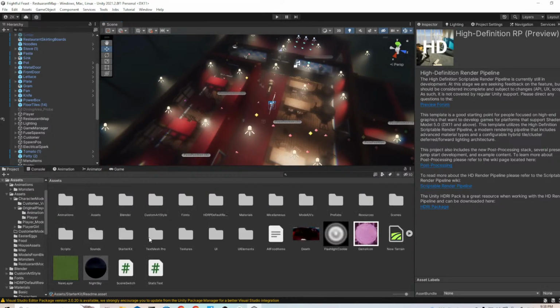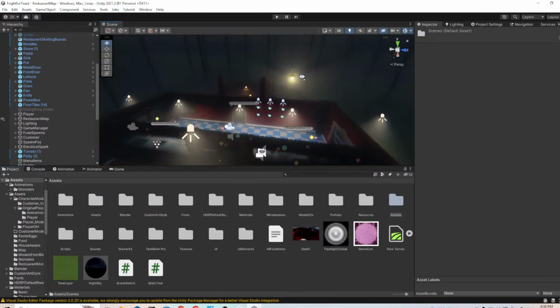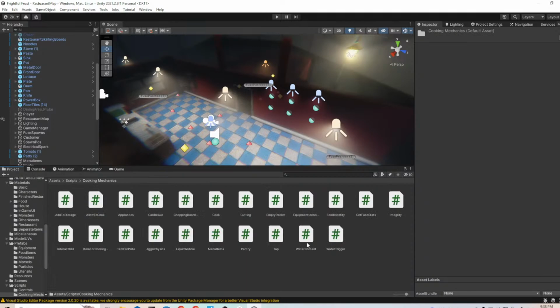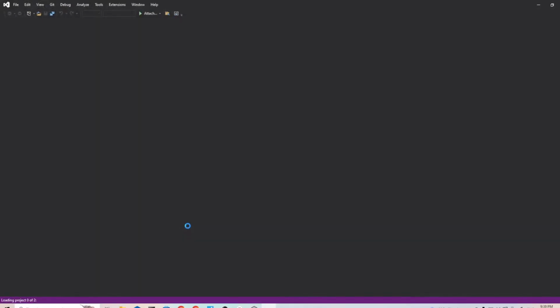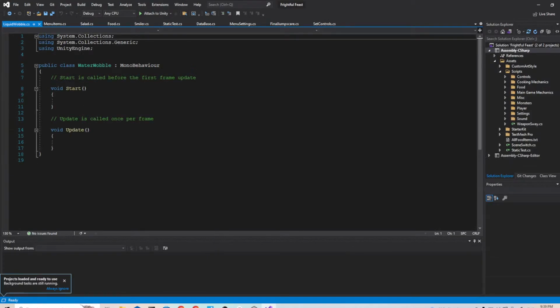So anyways, I've already made the script. I haven't started it though. It's in Scripts, Cooking Mechanics, and it is non-jiggle physics, liquid wobble. Or could we do it in water content as well?